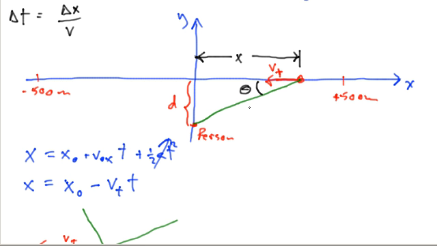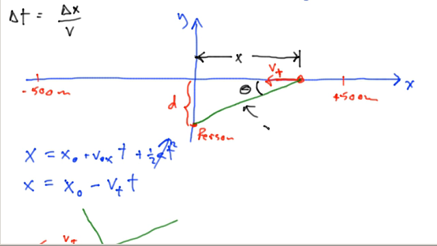And so by the Pythagorean theorem, consider the distance from the person to the train. Remember, x is actually the position variable, but it's also the distance from the point on the track closest to the person to the position of the train.